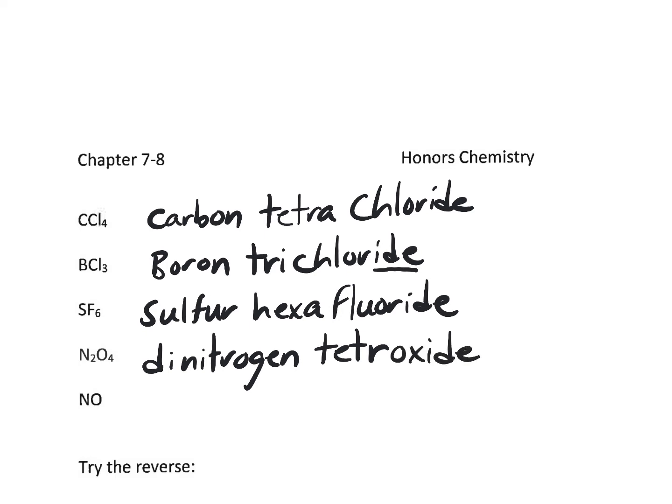And then the last one, I have nitrogen. And now I do need to point out that we only have 1 oxygen there. I can't just call this nitrogen oxide. I have to point out that there is only 1 oxygen there. I mean, look at the previous one where we had 2 nitrogens and 4 oxygens.